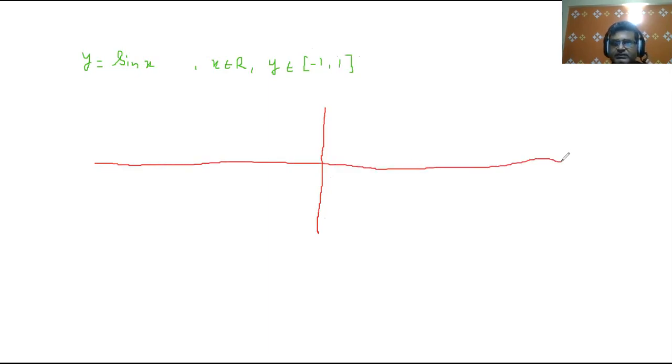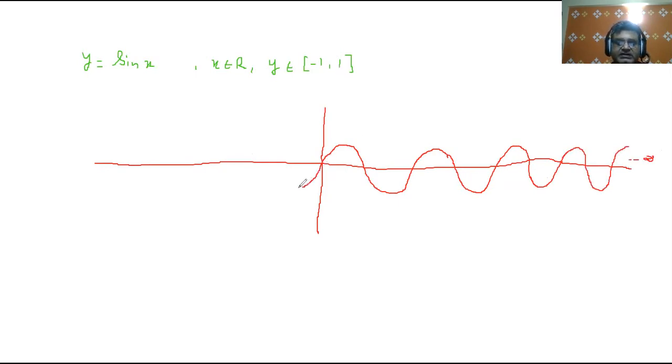The graph goes up and down at equal intervals. It goes up to infinity, and similarly the graph traces out and goes down to minus infinity.